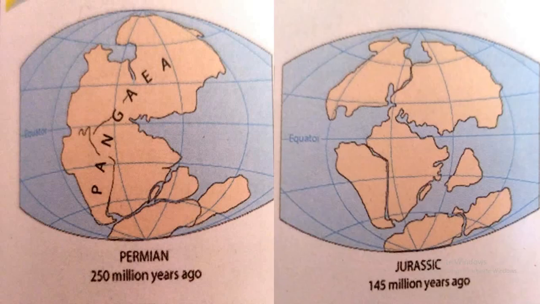The next picture shows the map or globe of about 145 million years ago. Now this Pangaea has been divided into a number of lands. In between these divisions you can see the water body.